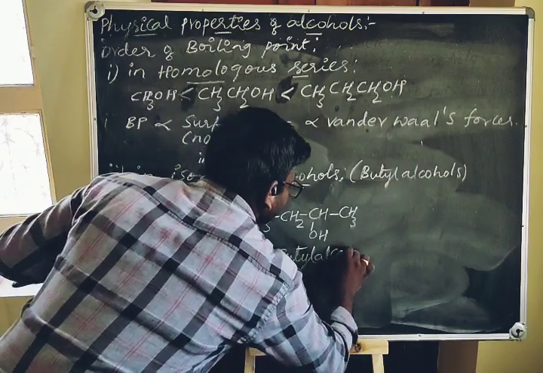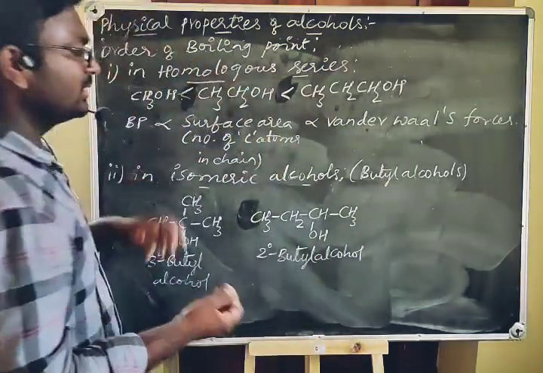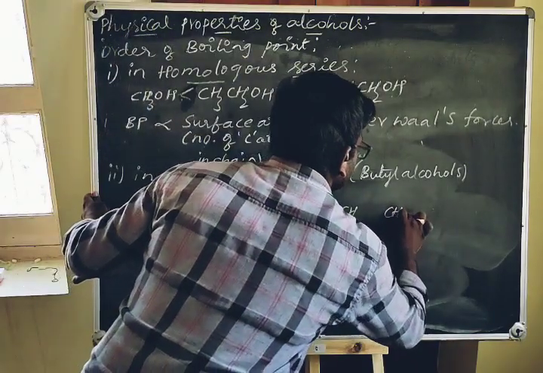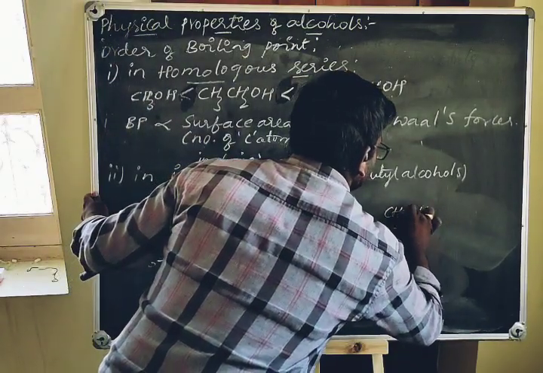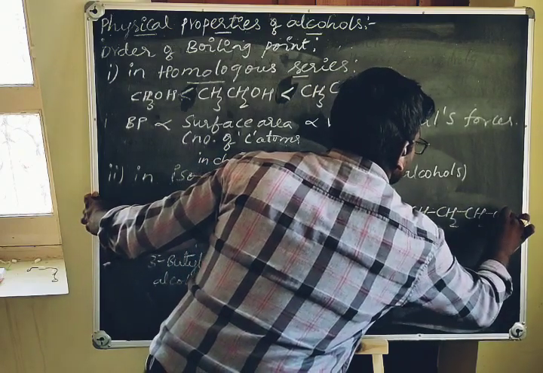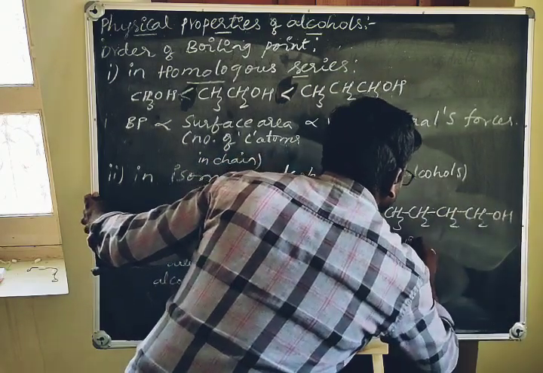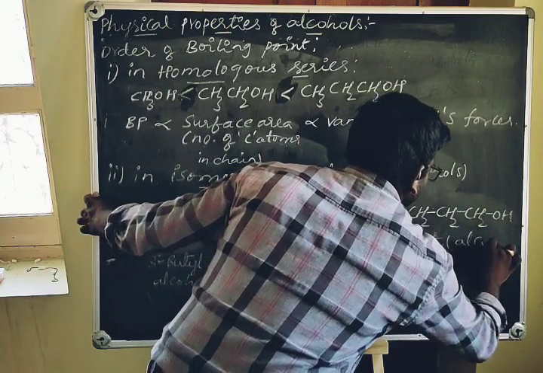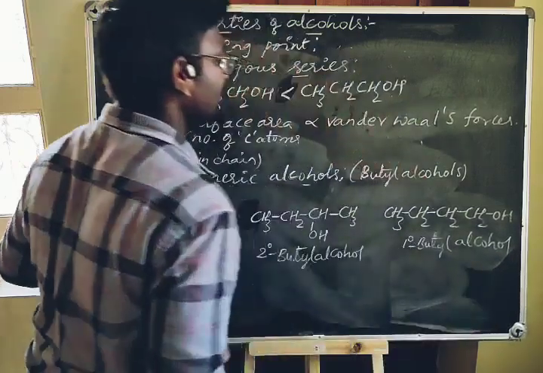Okay, yes, let's consider another alcohol, that is normal or primary butyl alcohol like this: CH3, CH2, CH2, CH2OH. So this is a primary butyl alcohol. These are all common names of the molecules.